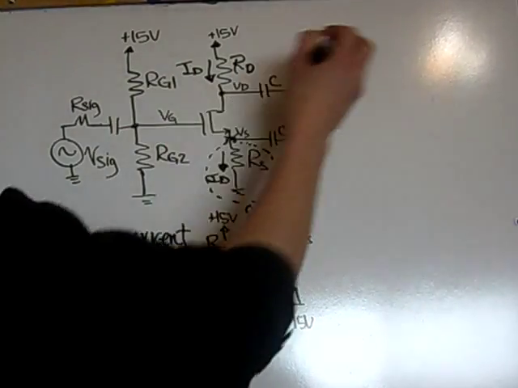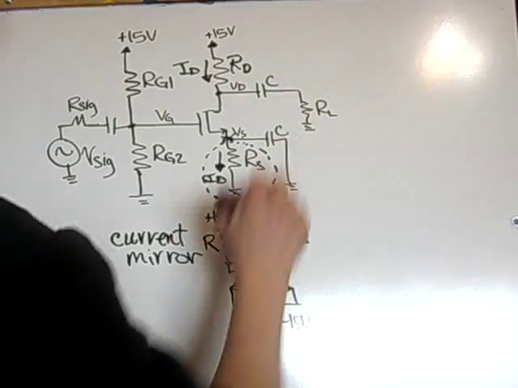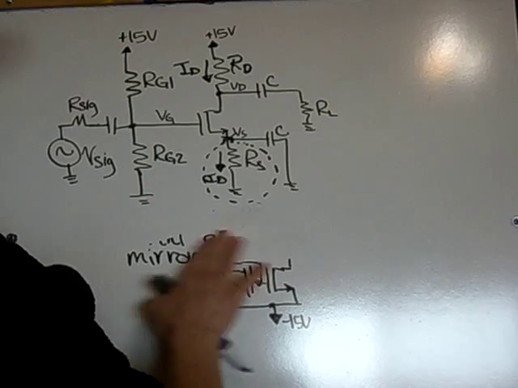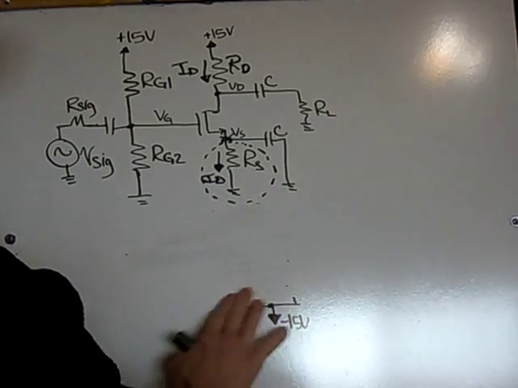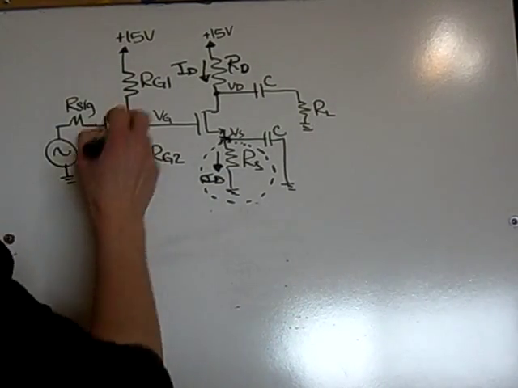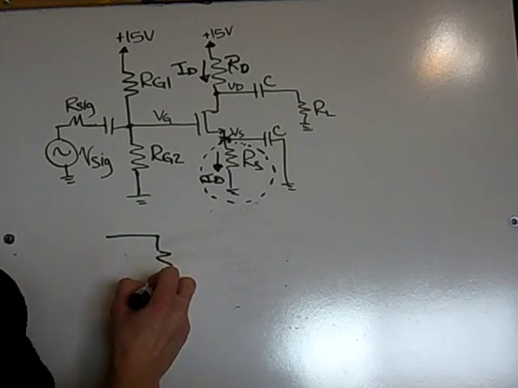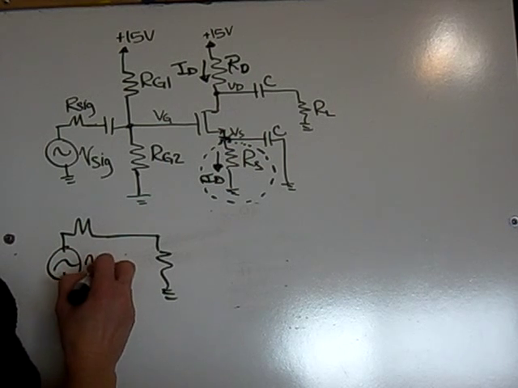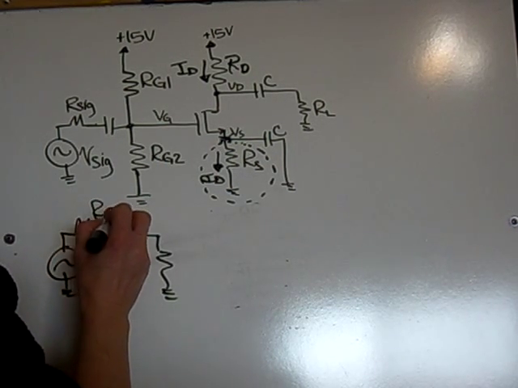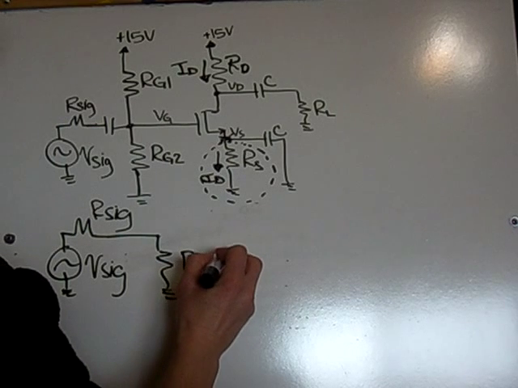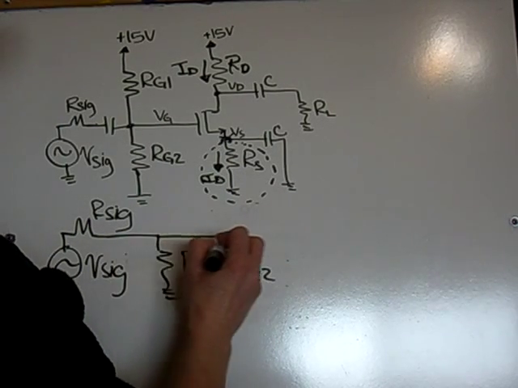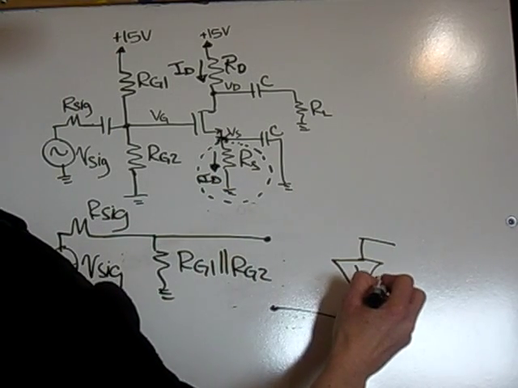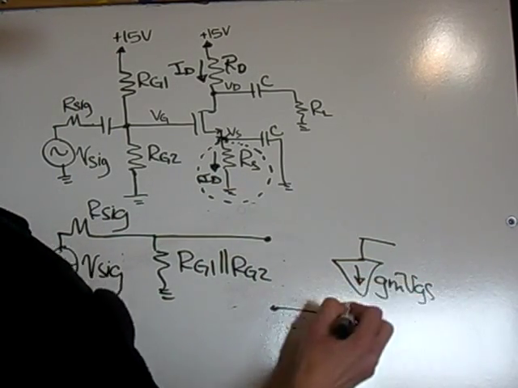Looking at the small signal, you can redraw the small signal model, ignoring RO.